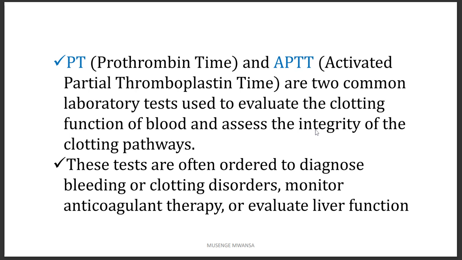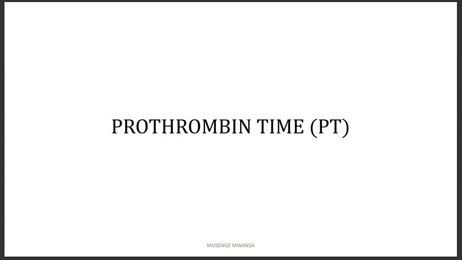So we use them to assess the integrity of the clotting pathways. If you find that the time is not normal, then you are going to know there should be bleeding or a clotting disorder or something wrong, and so you are going to do something.